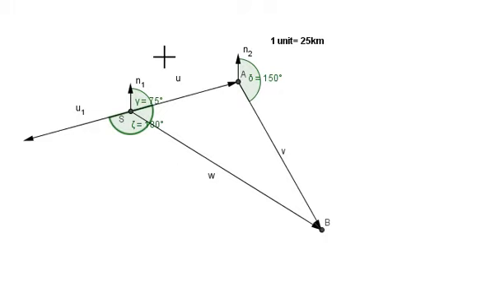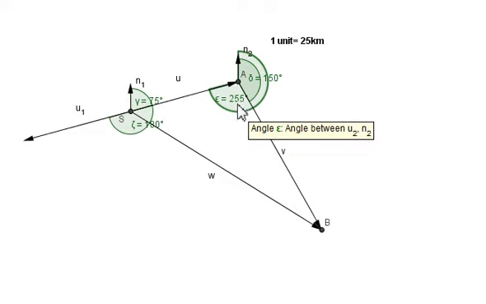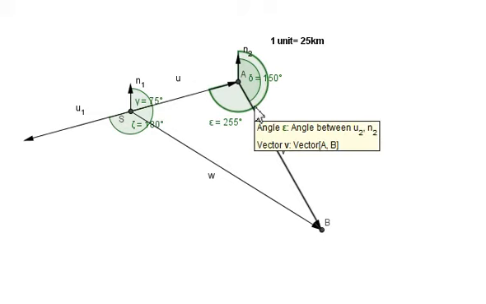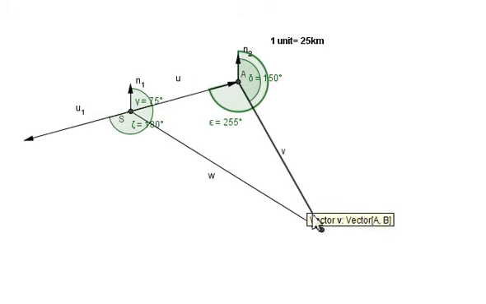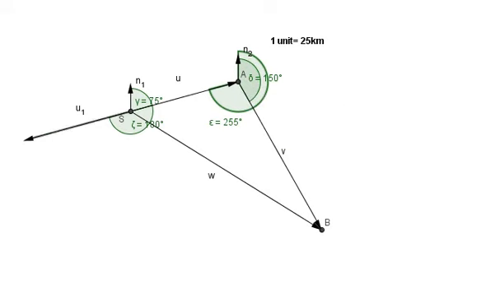That's why the bearing of point S from point A is 75 degrees plus 180, which is 255 degrees.